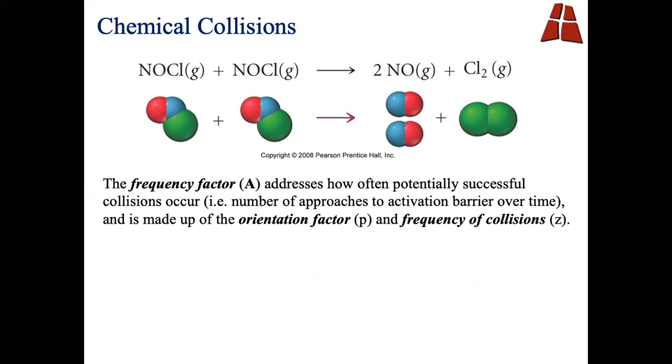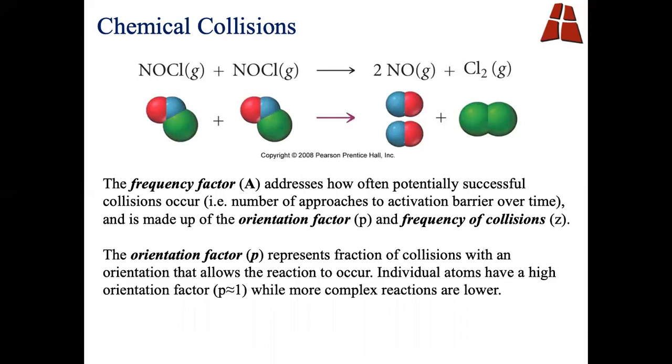And so this can be broken down into the orientation factor P and the frequency of collisions Z. And so to look a little bit more at those, the orientation factor represents the fraction of collisions with an orientation that allows the reaction to occur. And so ideally this would be about 1, but the more complex your molecules are, the lower the p-value will be, resulting in less successful reactions.